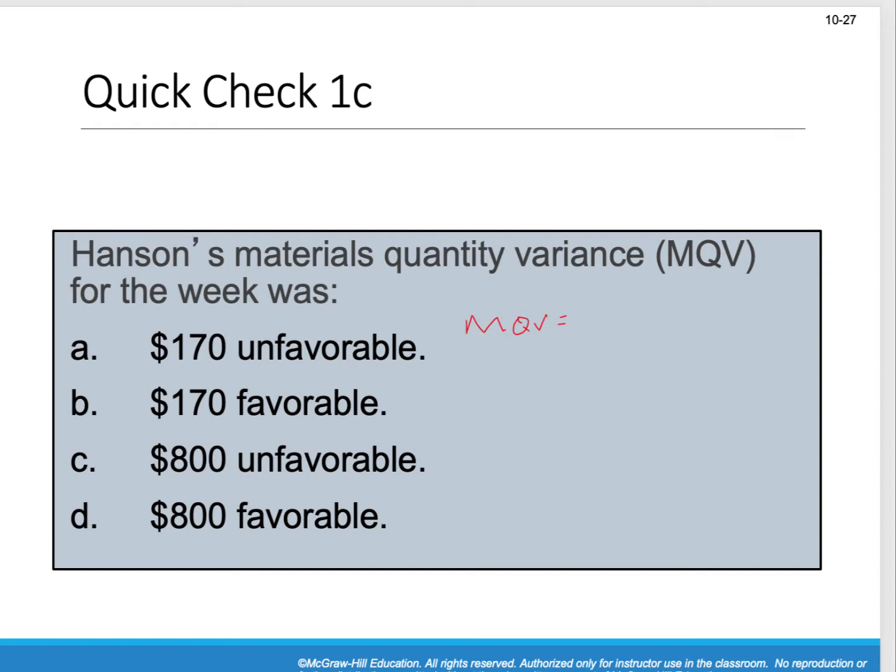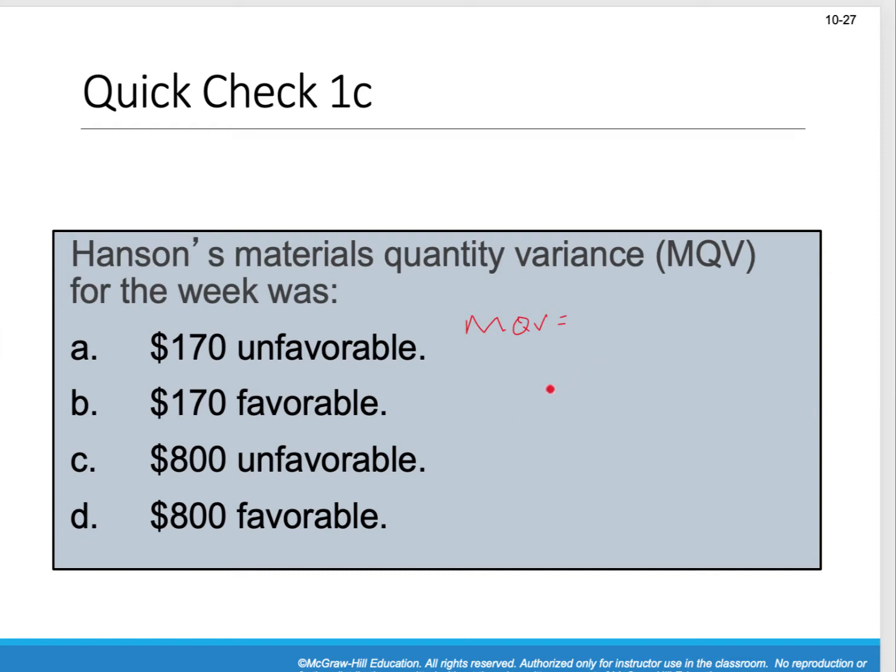Okay, so remember, in order for us to figure out our materials quantity variance, we need to know what the calculation is, right? The calculation says that to figure out the quantity variance, we need to hold standard price constant and multiply by the difference in the quantity.